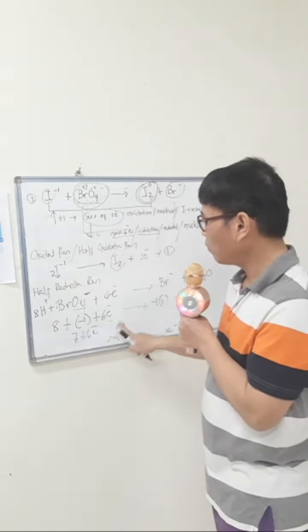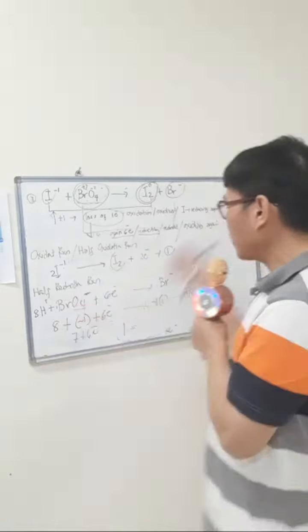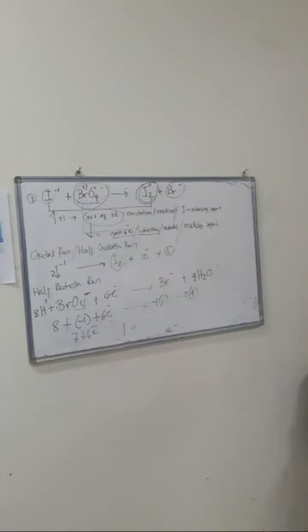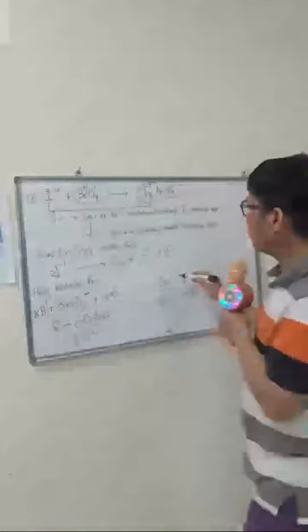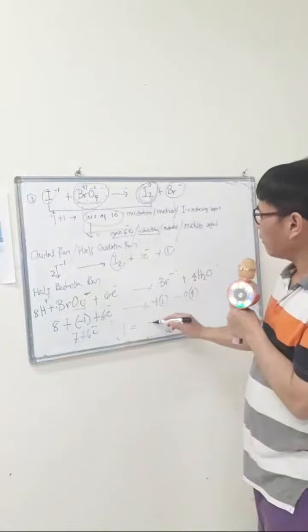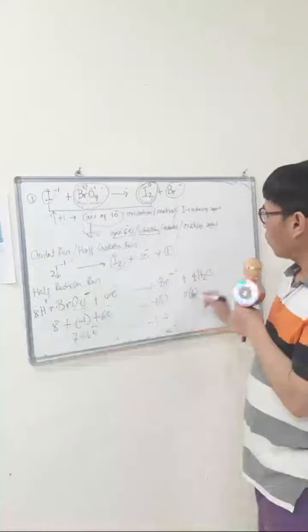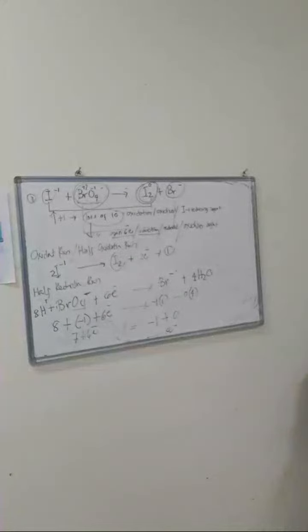Positive 1, the total net charge of the left, the reactants. Now on the product, negative 1 times 1 is negative 1, right? So 0. So 1 is equal to negative 1. So this is not balanced.